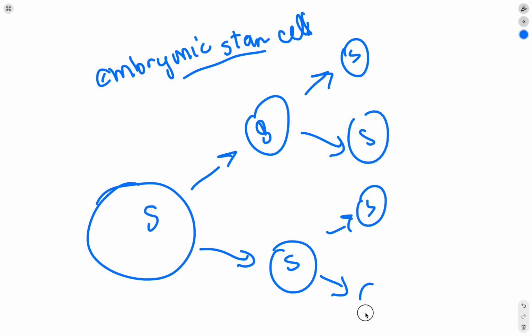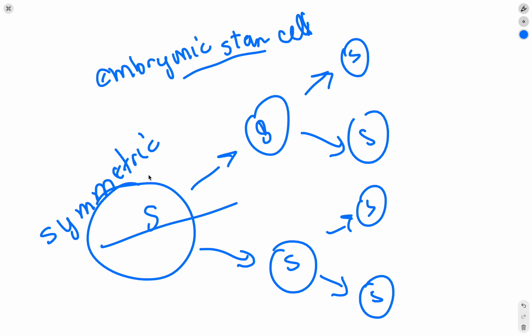You can see they're just making more and more embryonic stem cells. And this is called symmetric cell division. So, equal.